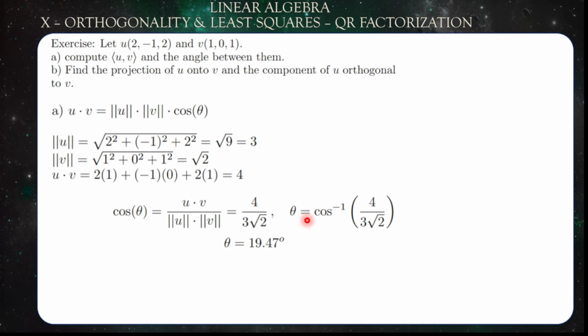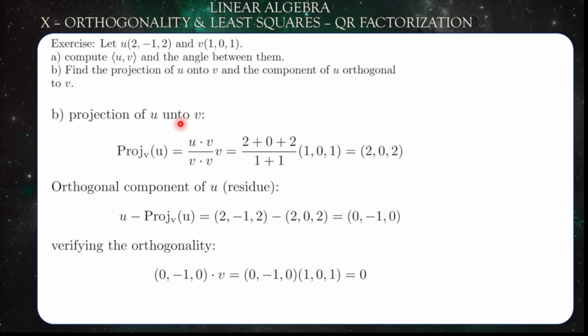So it is the angle for which the cosine is equal to 4 divided by 3 square root of 2. This is the meaning of it. So theta is equal to cosine minus 1, or arc cosine, of 4 divided by 3 square root of 2, which is 19.47 degrees. So the angle is 19.47 degrees, and the dot product is equal to 4.